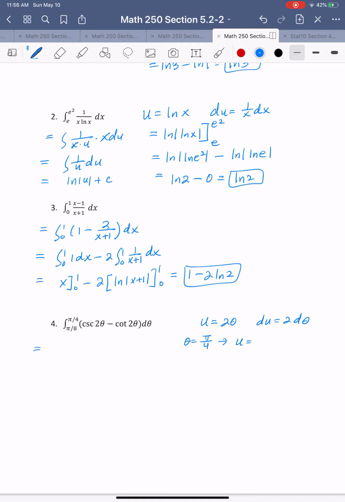Plug it in, you got pi over 4 and theta pi over 8, and then the u limits are pi over 4 to pi over 2. And then I put the cosecant u minus cotangent u du over 2.